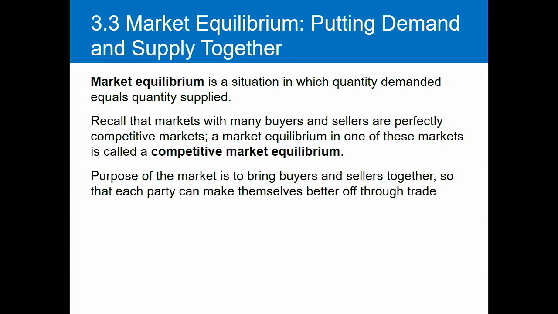The purpose of a market is to bring together buyers and sellers so that they can trade and make themselves both better off. They do this through mutually beneficial exchange, where both are voluntarily entering these agreements.